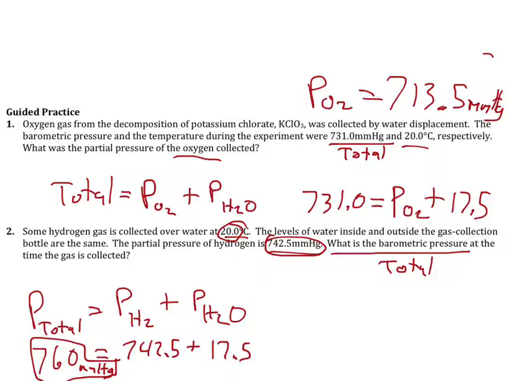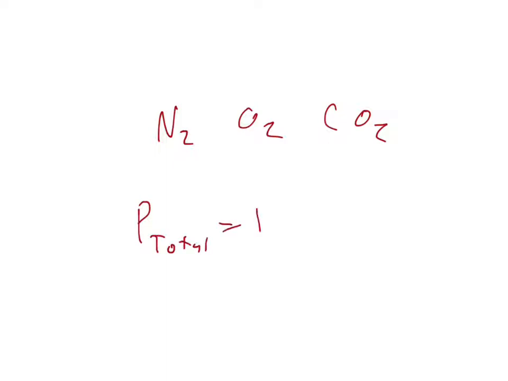Now, this concept is being applied to water displacement, but you can apply this concept to other things as well. Like in the air around us, there's nitrogen gas, oxygen gas, and carbon dioxide. And so we know that the total pressure of the air around us is going to be equal to the partial pressure of the nitrogen gas, plus the partial pressure of the oxygen, plus the partial pressure of the carbon dioxide.